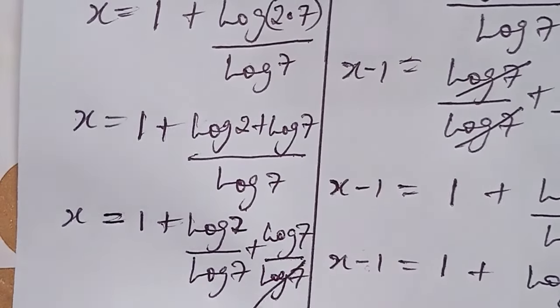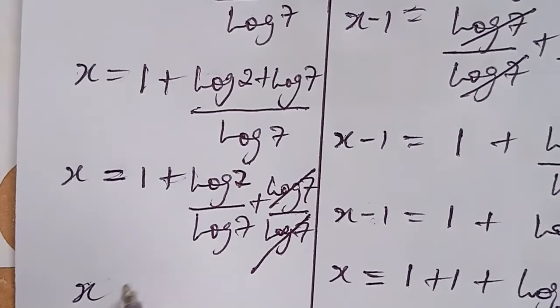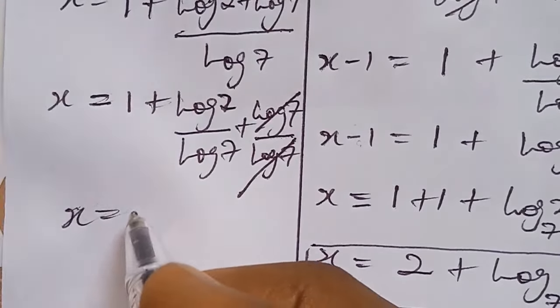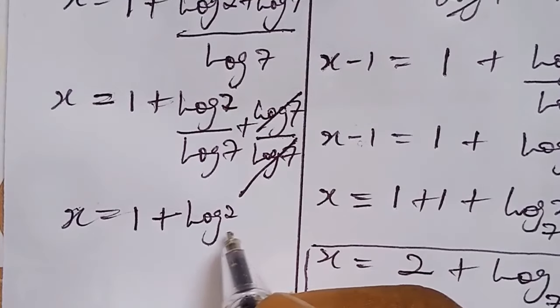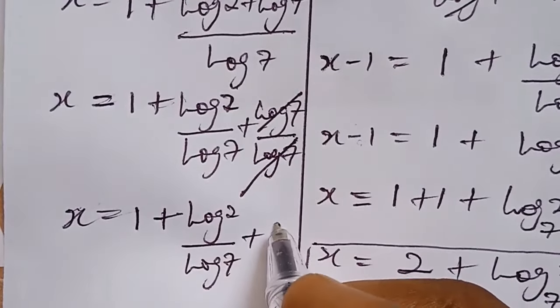So log 7 cancels out log 7, so we are left with x will be equal to 1 plus log 2 over log 7, then plus 1.